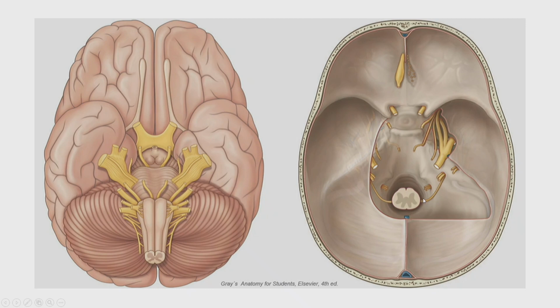One part comes from the neck region, from the spinal cord segments, and is called the spinal root, or spinal part of the accessory nerve. That is passing through the foramen magnum, and then it's going and joining the cranial part of the accessory nerve, and they make the accessory nerve, and the accessory nerve is passing through the jugular foramen.